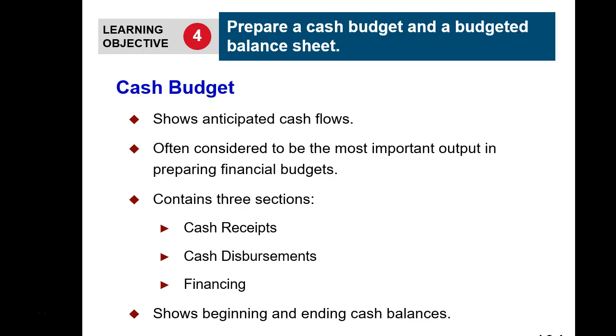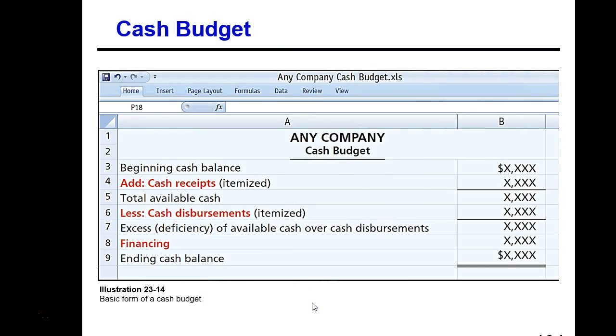And we probably want to make sure that we keep a certain cash balance at the end of each quarter. Okay? So this is the format of the cash budget. You begin with your beginning cash balance. You would add in all of your cash receipts to get total available cash.